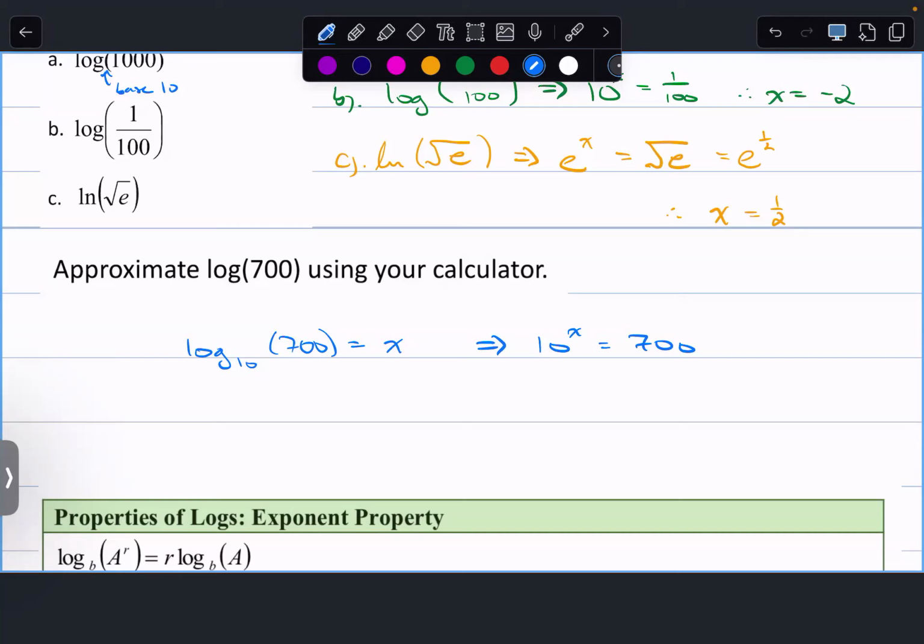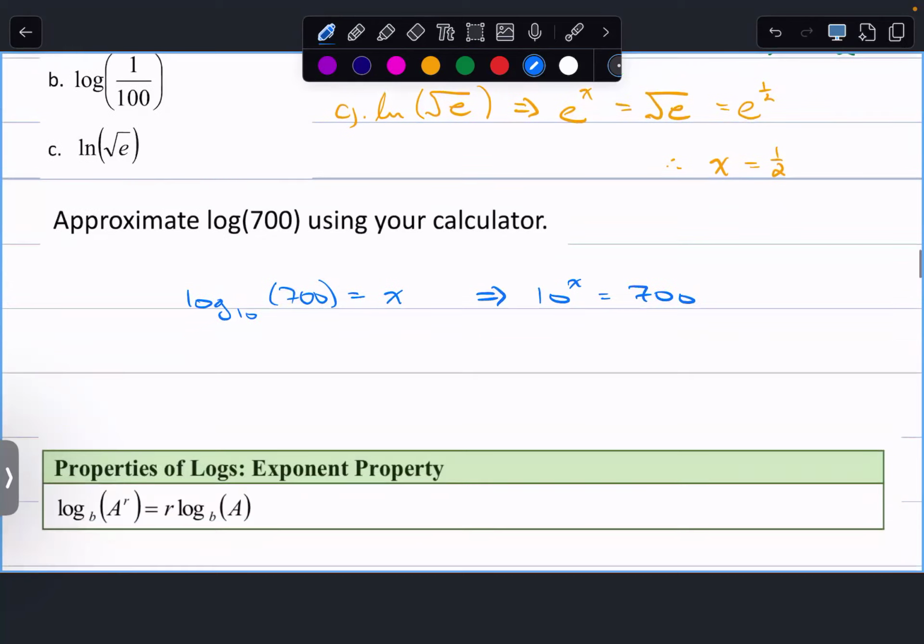You could try, okay, I know if x is 2, then I get 100, so that's too low. I could try x equals 3, but then I know I get 1,000, and so that's too high.